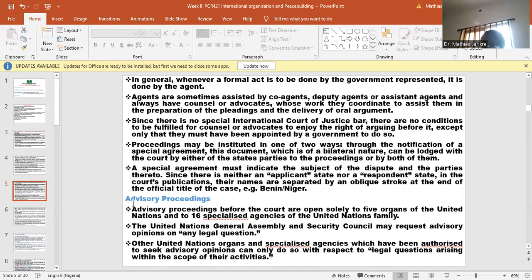So when we talk about advisory proceedings, we're saying that they are open solely to five organs of the United Nations and to 16 specialized organs of the United Nations family. The United Nations General Assembly and the Security Council may request an advisory opinion on any legal question. Other United Nations organs and specialized agencies which have been authorized to seek an advisory opinion can only do so with respect to legal questions arising within the scope of their activity.